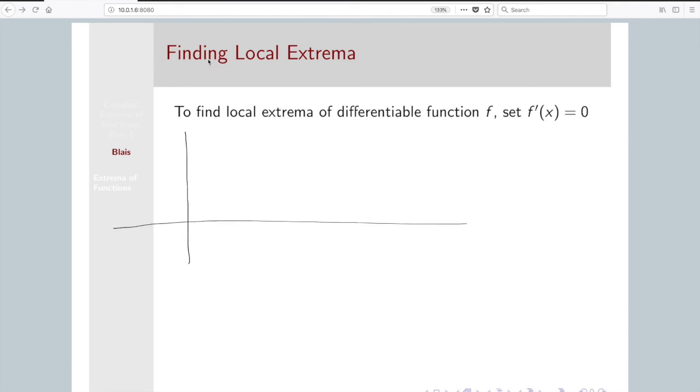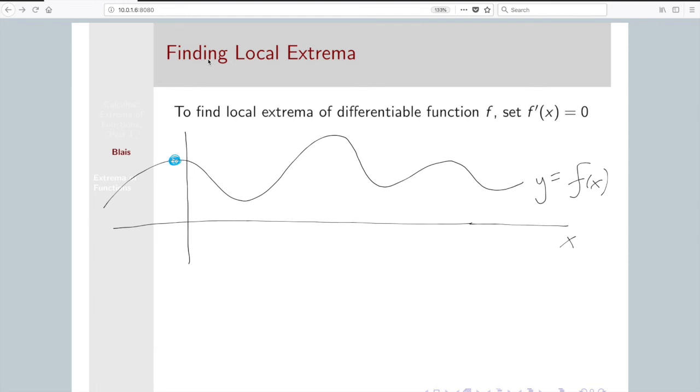So the kind of picture that we drew before, we had all of our local maxima, right? We had horizontal tangent lines at our local maxima. And then at our local minima, we also had horizontal tangent lines. The point is, f prime of x equals 0 at every one of these points.